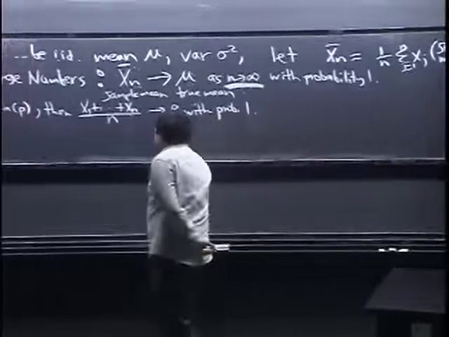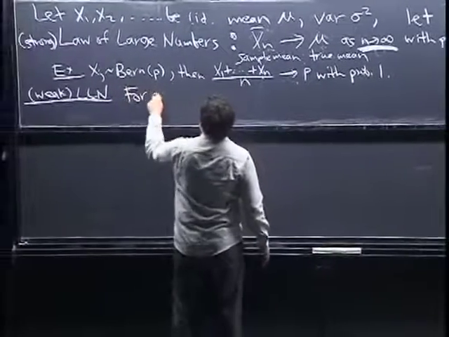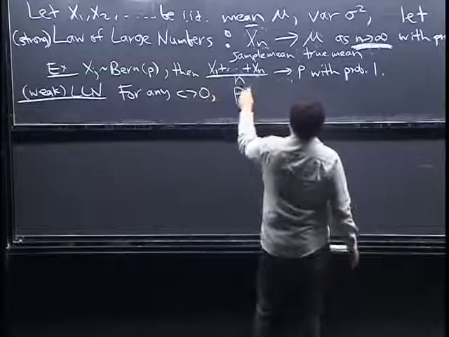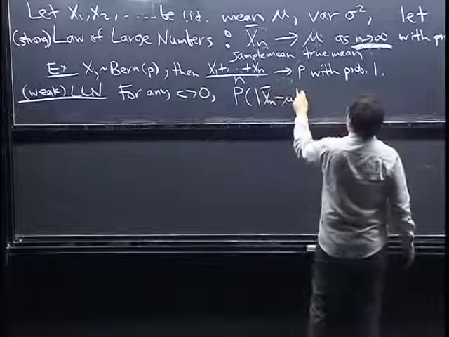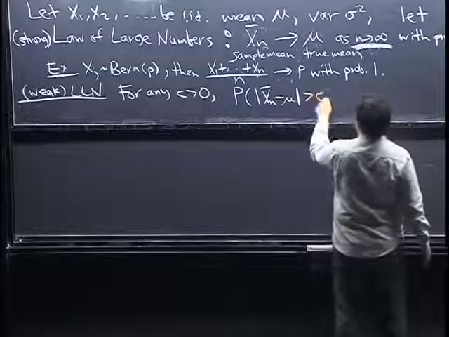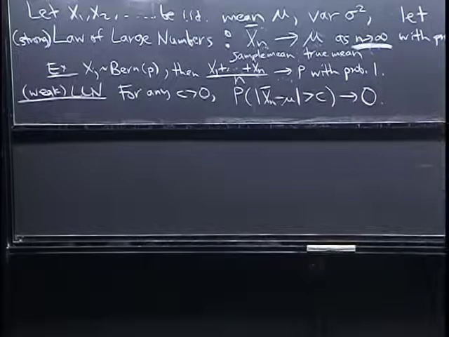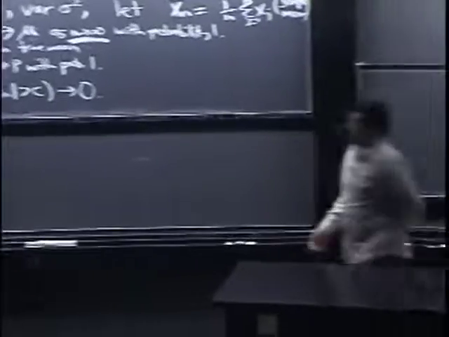The weak law of large numbers says that for any c greater than 0, the probability that Xn bar minus the mean is greater than c goes to 0. So it's a very similar looking statement.